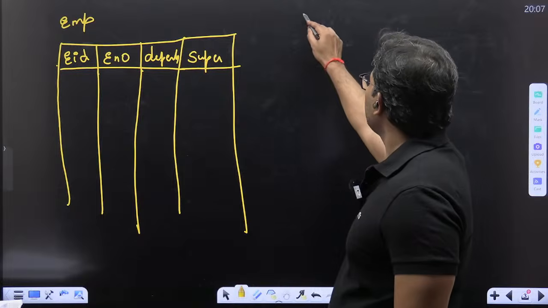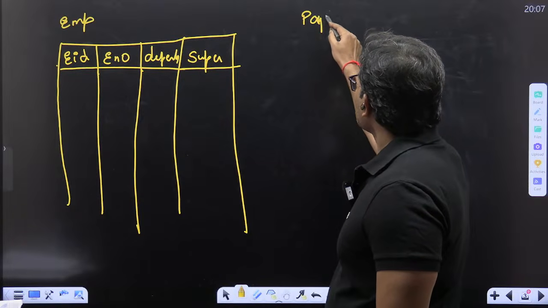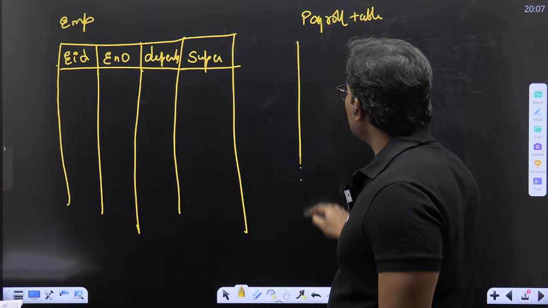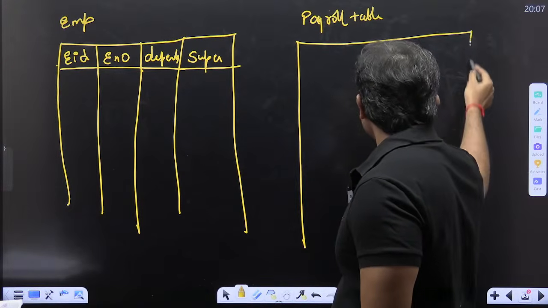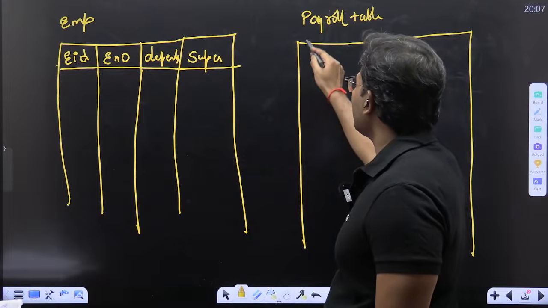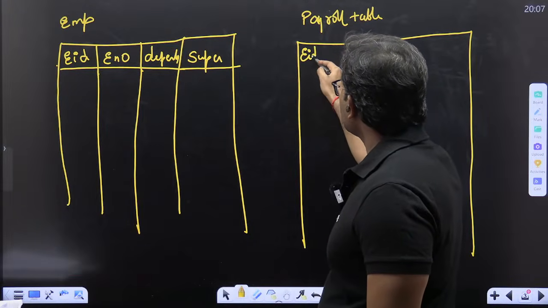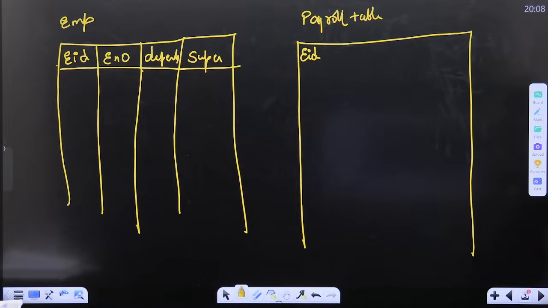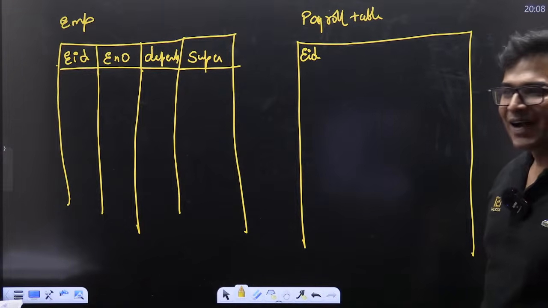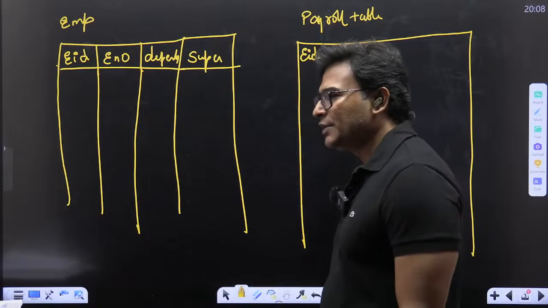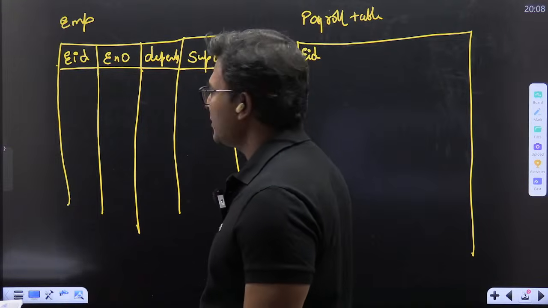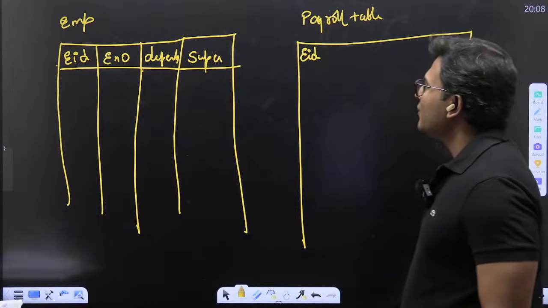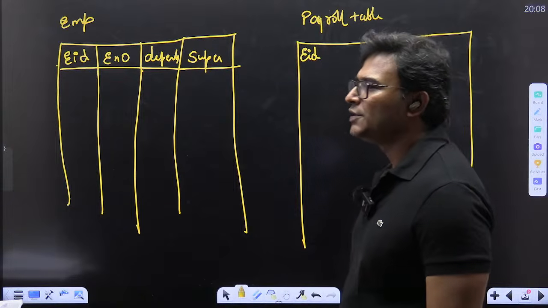And then there is a payroll table. In the payroll table, all the salary details of all the employees are maintained separately, because initially there was no concept of views. What are views? Not the YouTube views. I will explain views later. Initially there was no concept of views, so they separated out confidential data so that only the head of the company, generally the CEO, can access it.